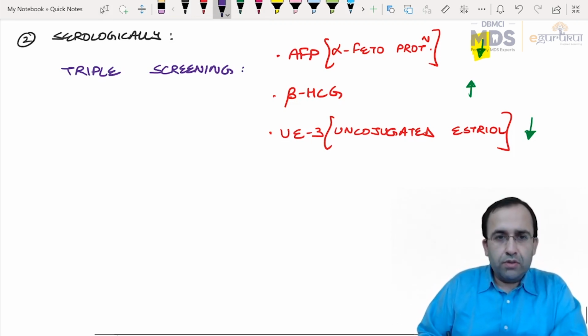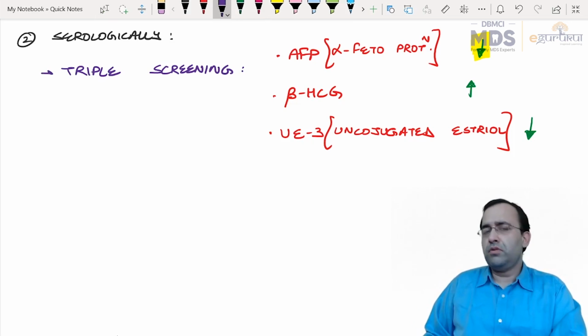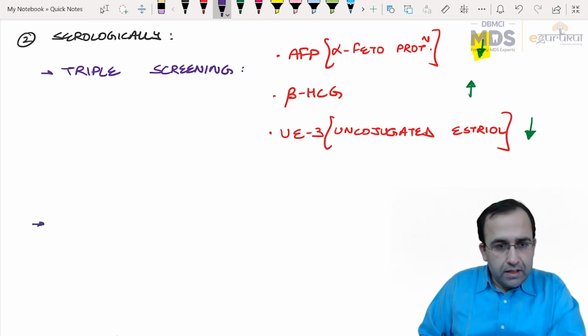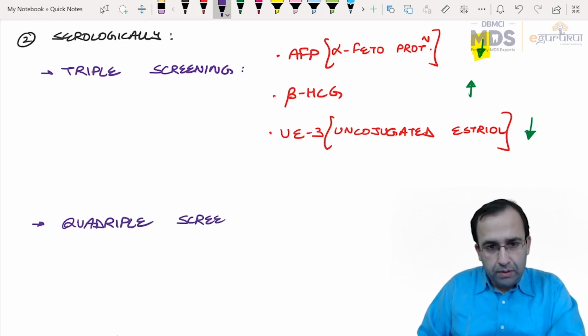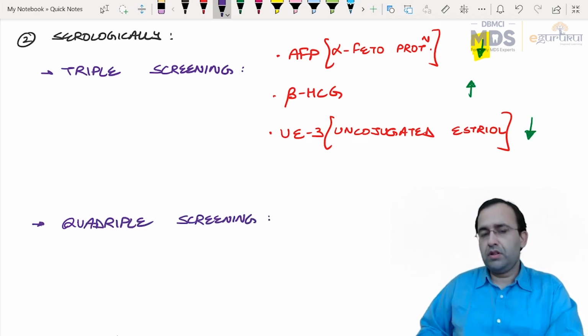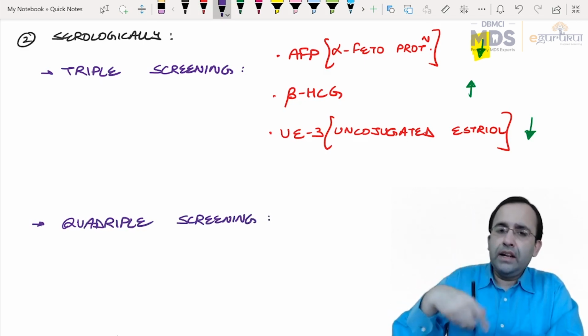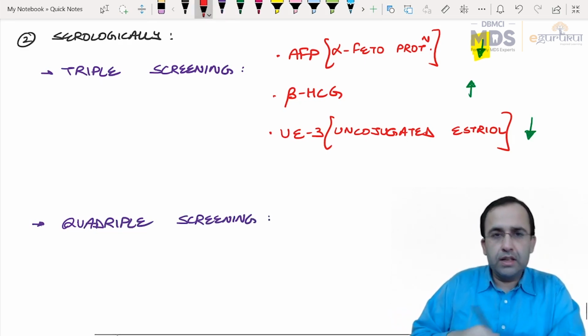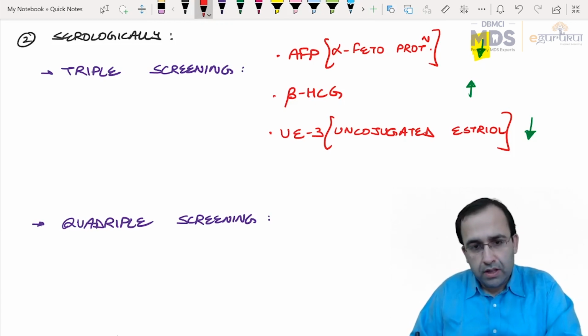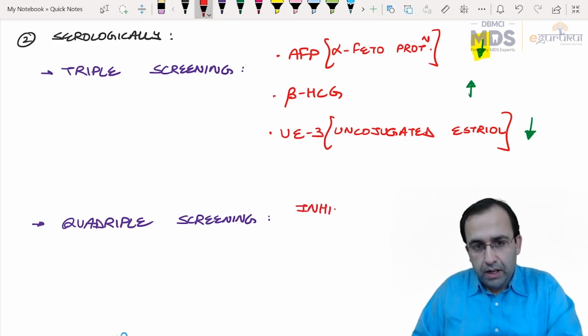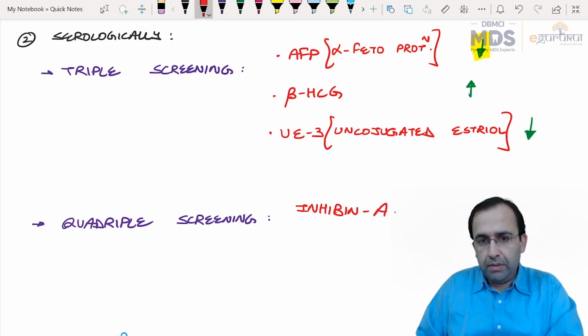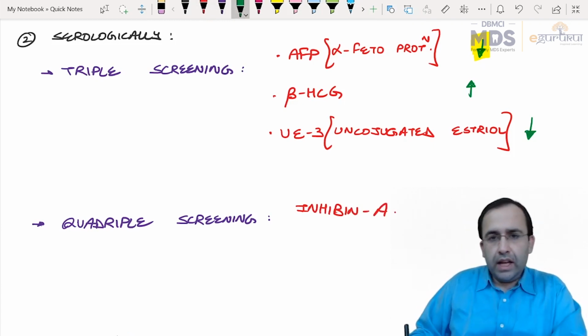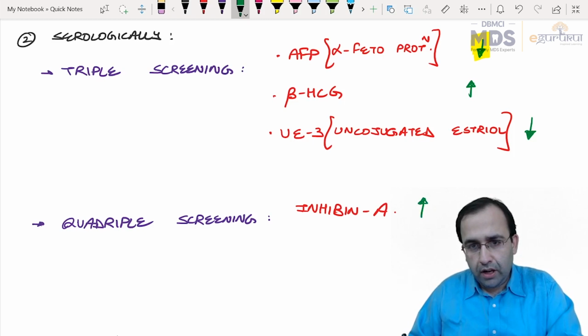Next, this was triple screening of Downs. Next is quadruple screening. In quadruple screening of Down syndrome, another marker is added, that is inhibin A. Inhibin A increases in Downs.